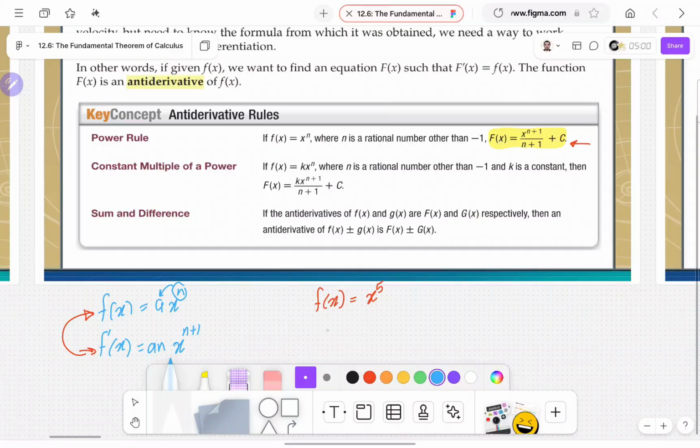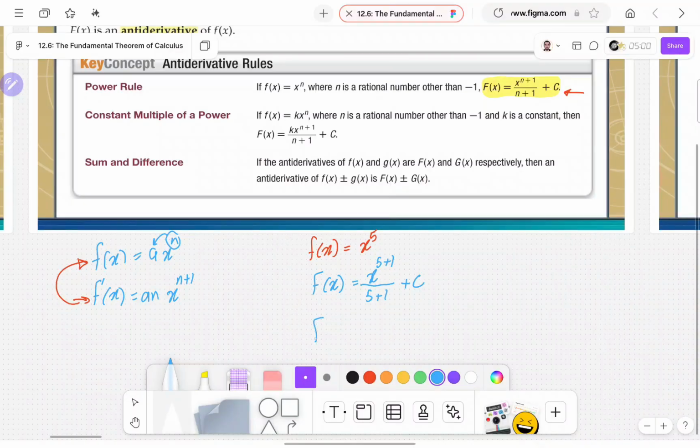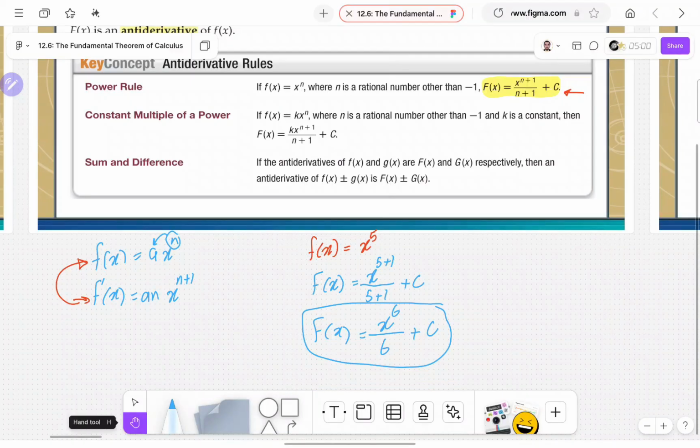So the antiderivative is x to the power 5 plus 1 over 5 plus 1, plus c. Simplify: f of x is equal to x to the power 6 over 6 plus c. Done. See how easy and simple the antiderivative is? You just add 1 to the power, then divide by the new power.